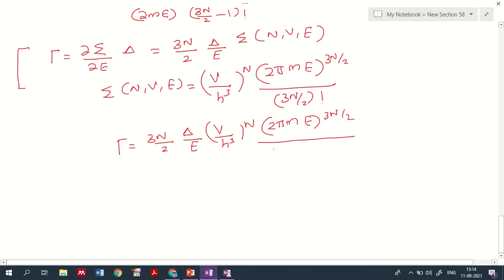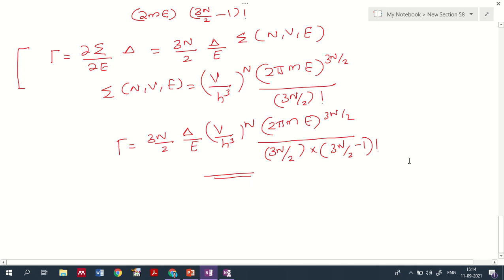I can split 3n by 2 factorial as 3n by 2 into 3n by 2 minus 1 factorial. So the gamma becomes in this fashion. Just note down gamma corresponding to that.